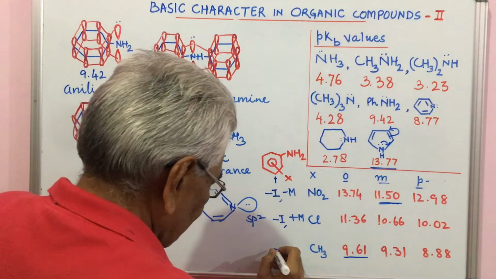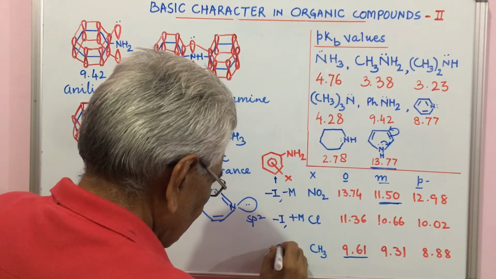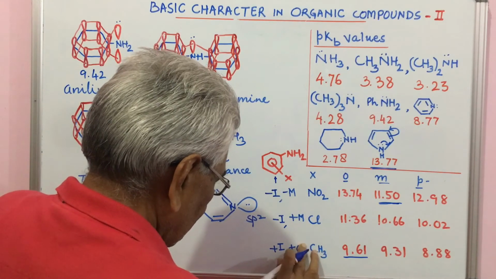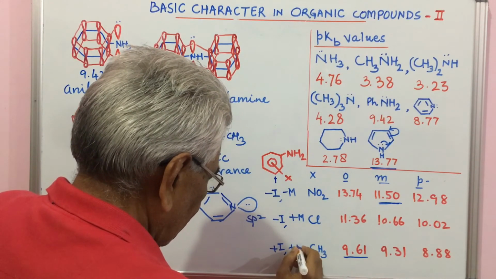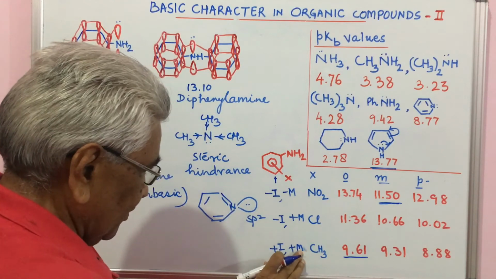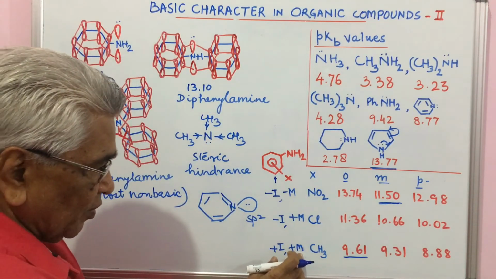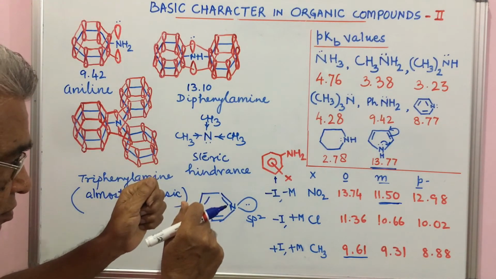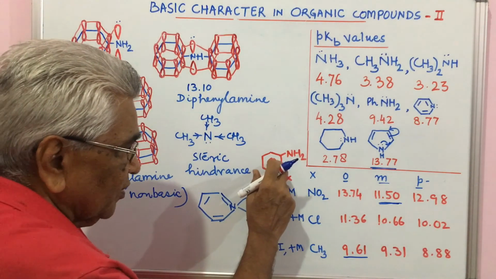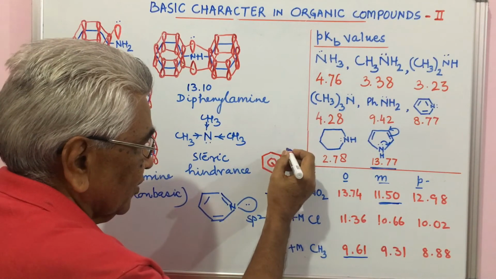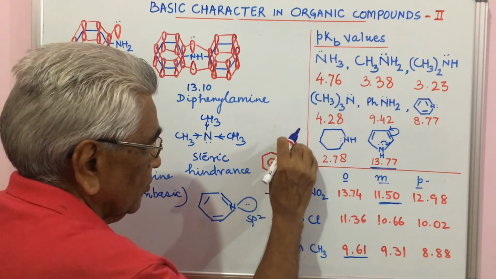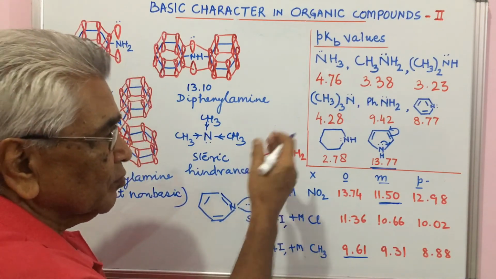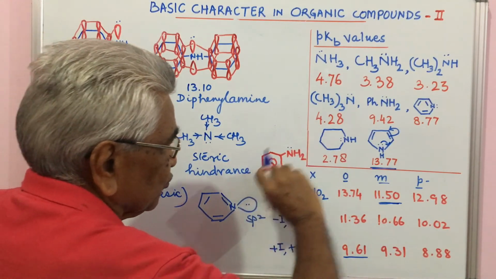In case of methyl, you have plus hyperconjugate effect or plus M and plus I, both push electron density towards the ring, and hence this electron pair on nitrogen easily coordinates with proton because the electron density is pushed.